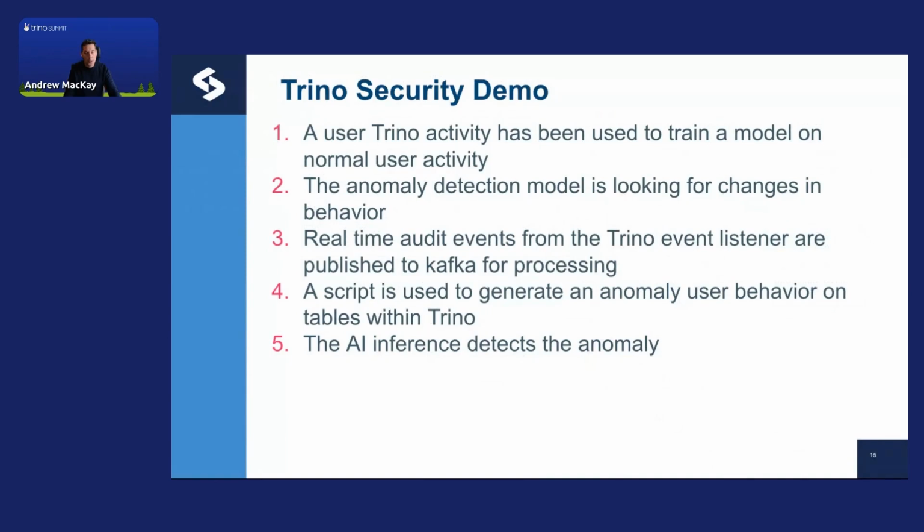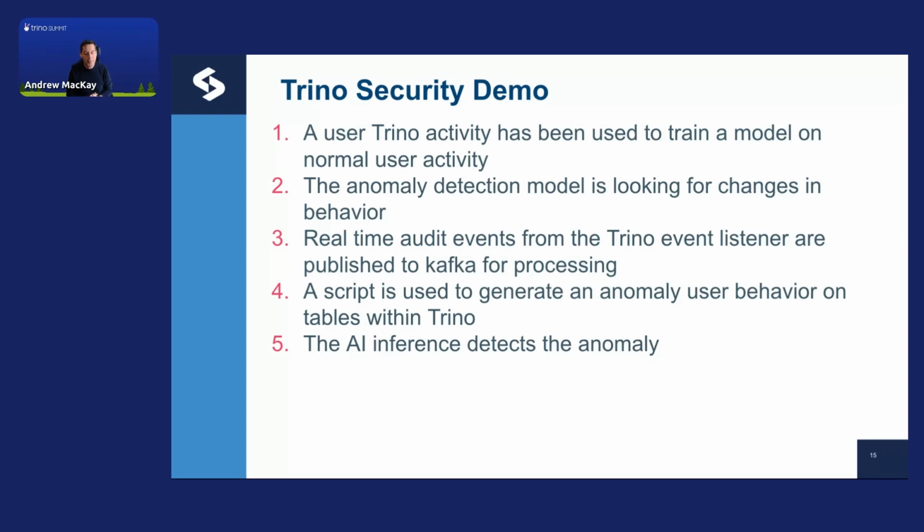So, demo. What we're going to show is a simulation. We're going to run some scripts that simulate the data being manipulated in Trino. There's going to be a bunch of users doing background activities, which is just a script looping through some automation.